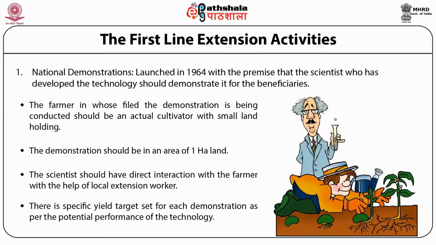Generally, we try to provide yield targets, but they may or may not be achieved when the farmer uses that particular technology. Hence, under national demonstrations, we declare that this particular technology is going to yield this particular result, and we demonstrate that for the benefit of farmers.